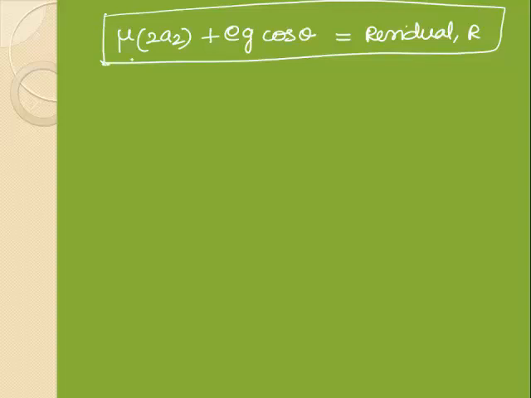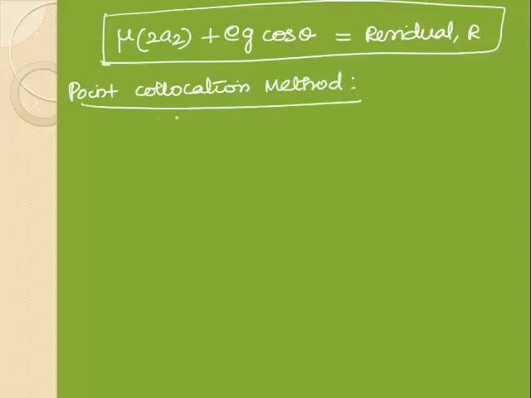so one of the weighted residual approaches is known as the point collocation method, a very simple approach. Point collocation method, or otherwise simply known as the collocation method. So in this method, by equating the residual value we found directly to 0, we can obtain the required result. Okay, so this is the concept.